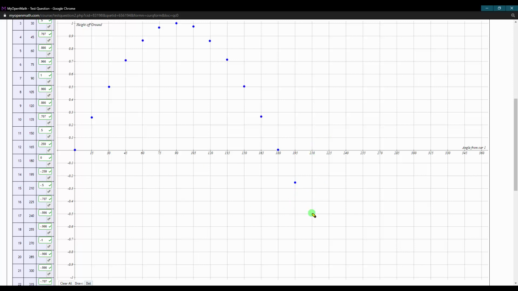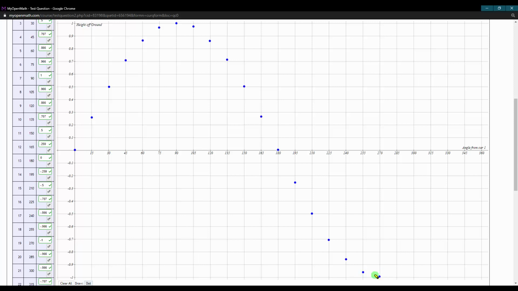Then at 210, we're at negative 0.5. All right, so we're descending down 225 to negative 0.707, and then negative 0.866, about right here, and then at 255, negative 0.966. Then at 270 we're at negative 1.